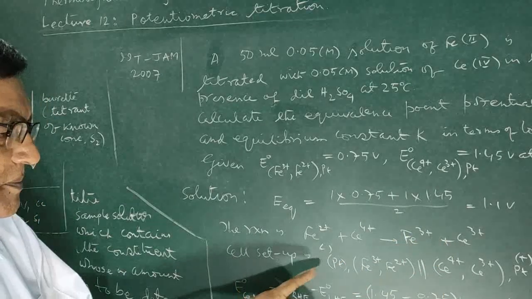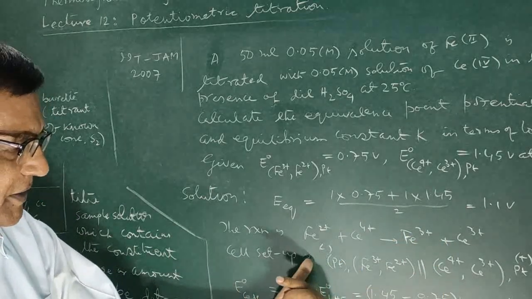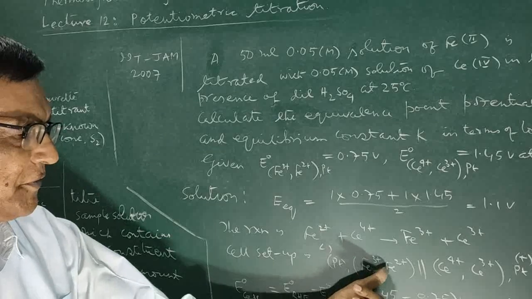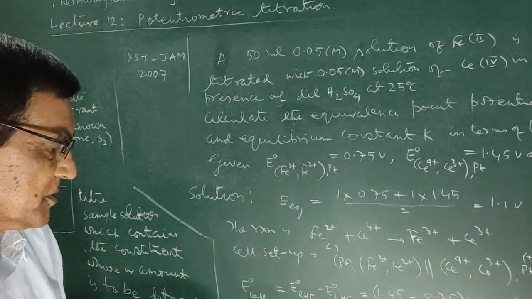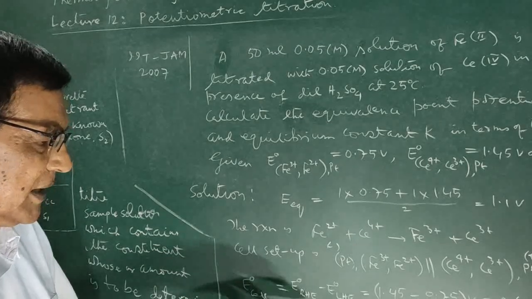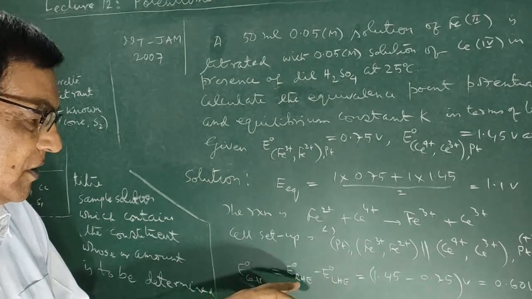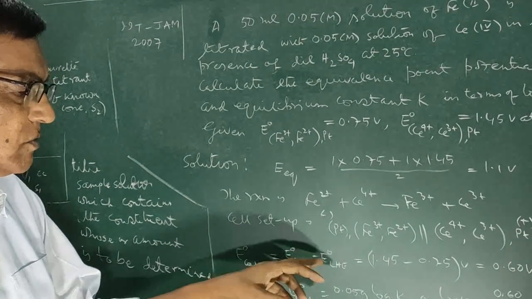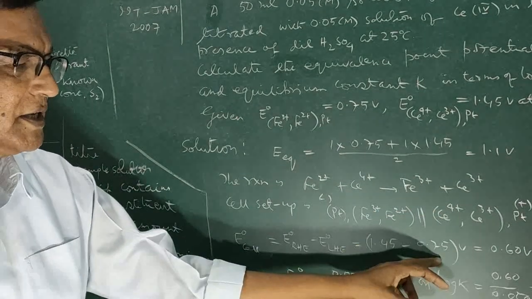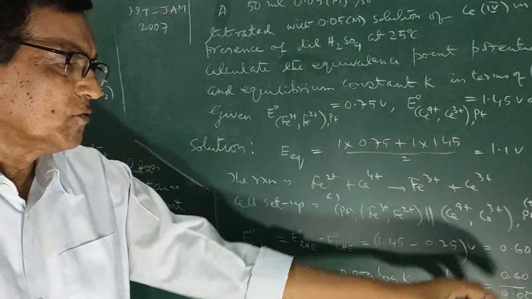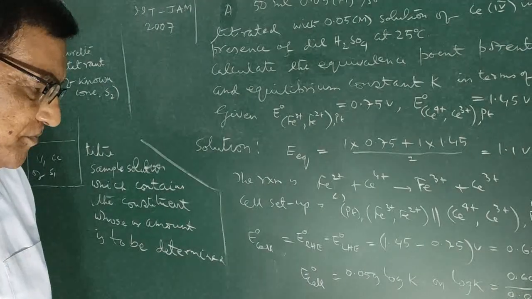So in the cell setup, the anode has the ferrous system and the cathode the ceric system. E cell naught equals E naught of the right-hand electrode minus E naught of the left-hand electrode, found to be 0.60 volt.